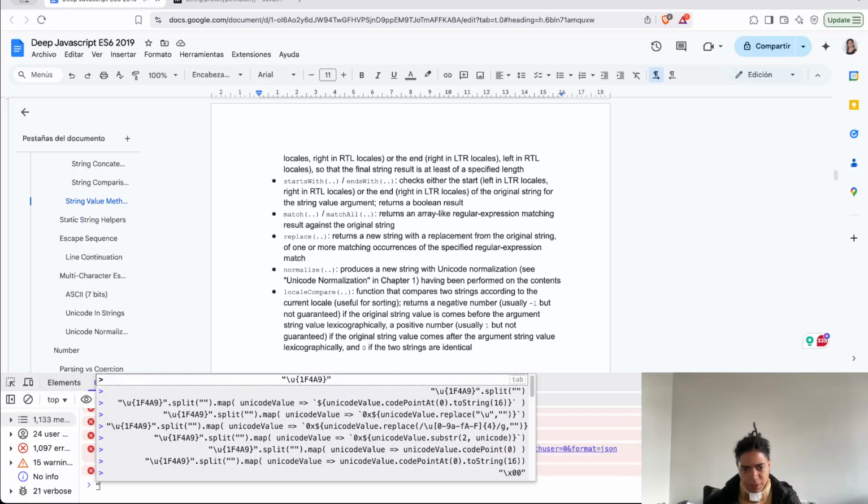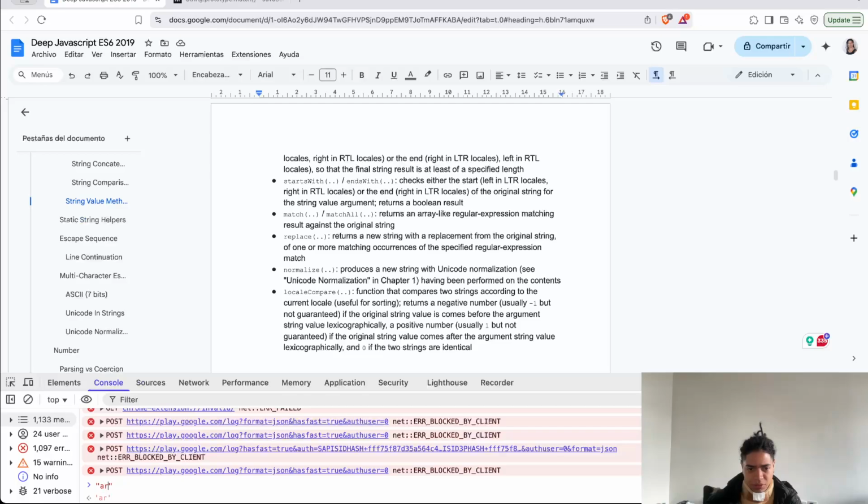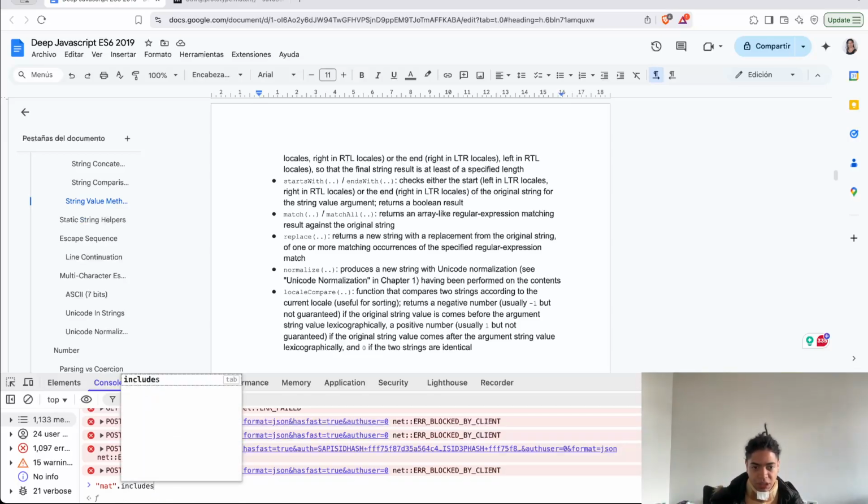So a lot of people might use match to check whether the value they're receiving matches, with some regular expressions. You have to be careful with that, especially if you're going to use it in an interview. You'll prefer to go with includes.